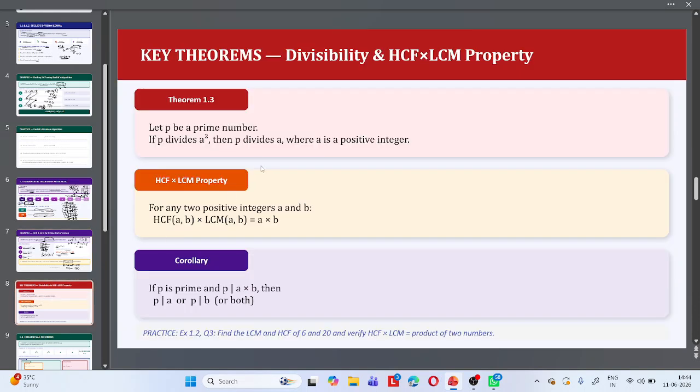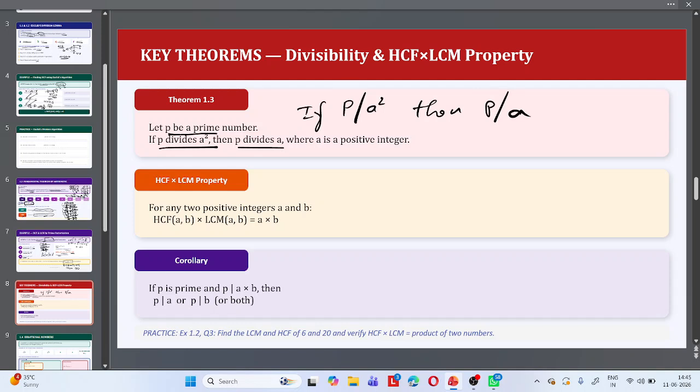So some theorems are there that we need to keep in our mind, because they are very useful. They can be used in the next theorems. The theorem statement is that if P is a prime and P divides A square, then P also divides A. This is the statement for this theorem.